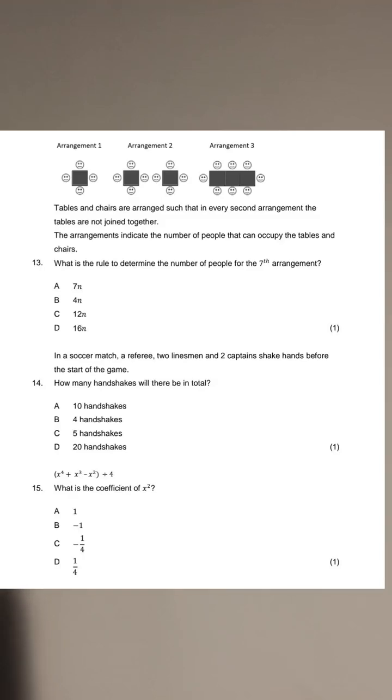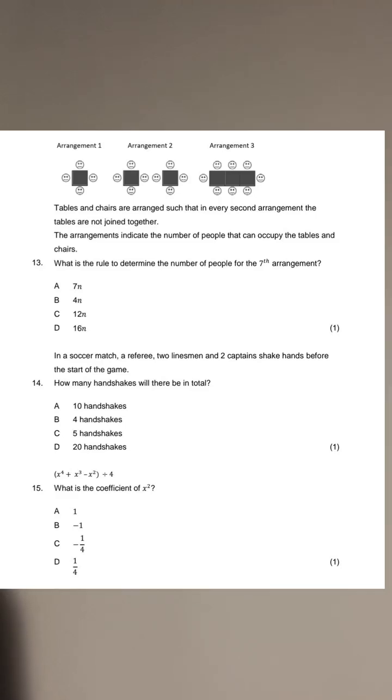Let's look at arrangement 3. In arrangement 3, guys, you can see the tables are joined. But clearly in arrangement 4, the tables will not be joined. So what they are saying is tables and chairs are arranged such that in every second arrangement, the tables are not joined together. Then they say the arrangements indicate the number of people that can occupy the tables and chairs.